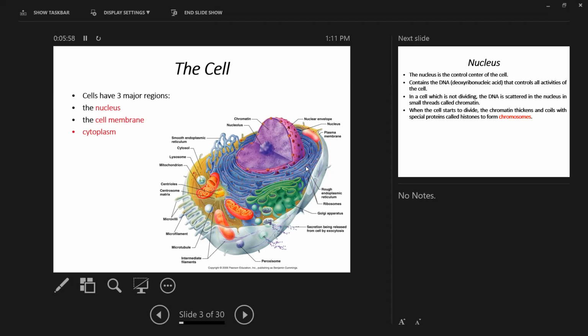Don't worry about that for the test. We're going to talk about that in greater detail in lecture. The endoplasmic reticulum surrounds the nucleus. These orange things here are called the mitochondria. They are the power center of the cell. That's where carbohydrates are broken down to release energy, in the mitochondria.